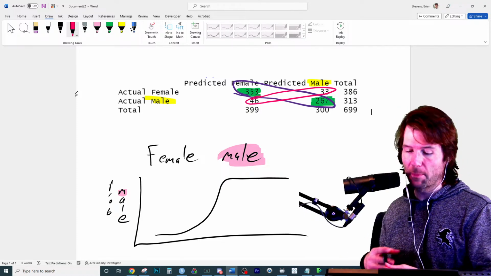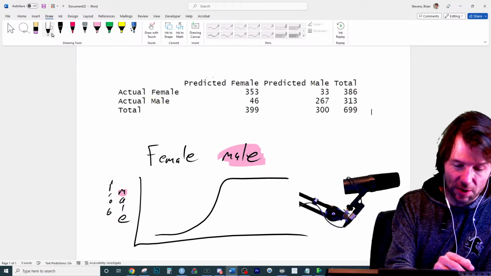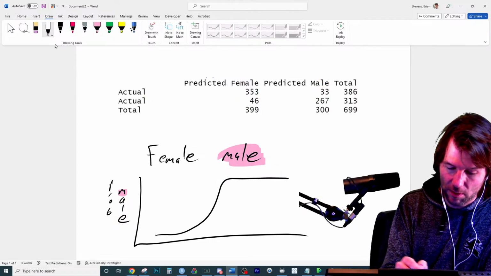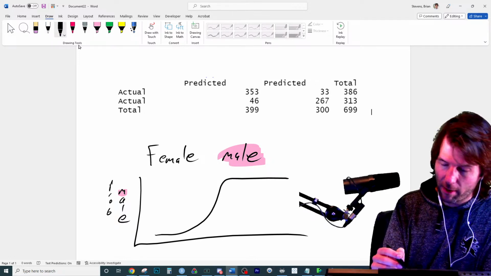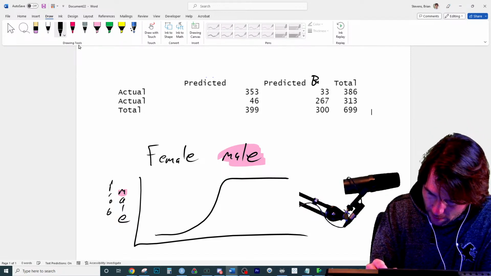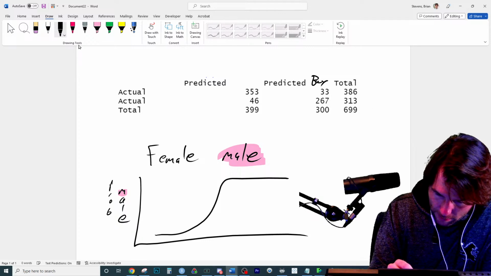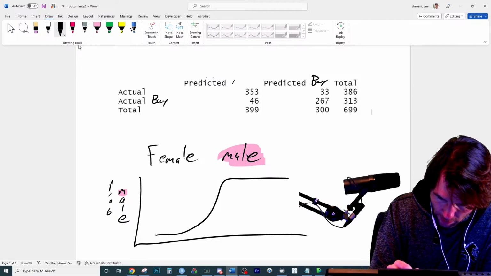But if we change the context of this to buy, then let's put here predicted buy, and then actual buy, and then not buy right here.